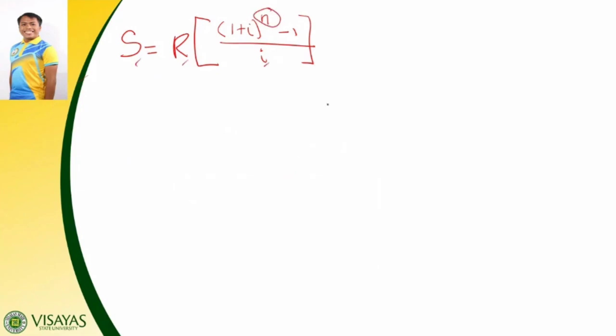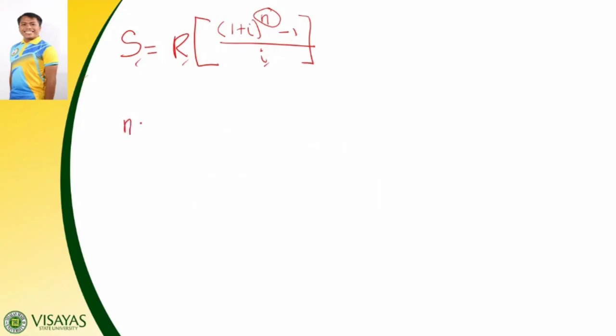You can solve that one by substituting directly the values of your known data, or you can actually use your knowledge in algebra by derivation sa formula to find the value of N here.